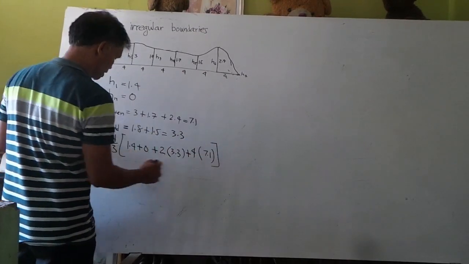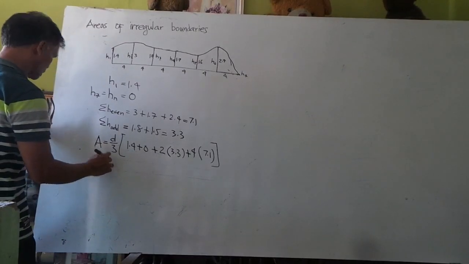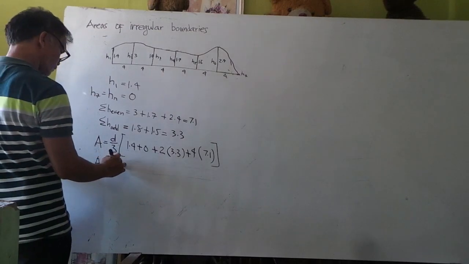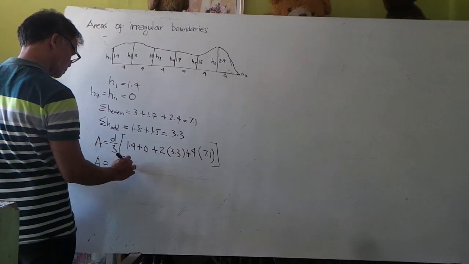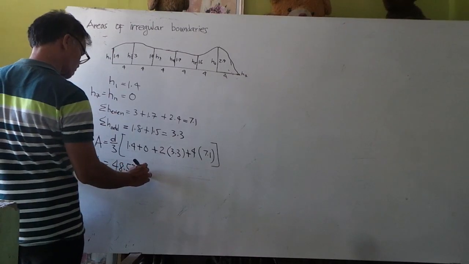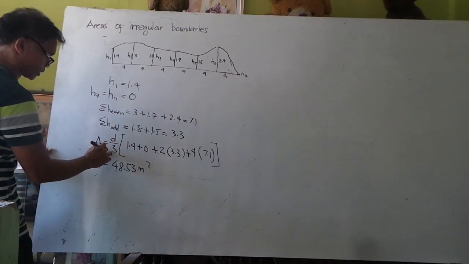Then you will have your area equal to 48.53 meter squared. So you can denote this as area 1.